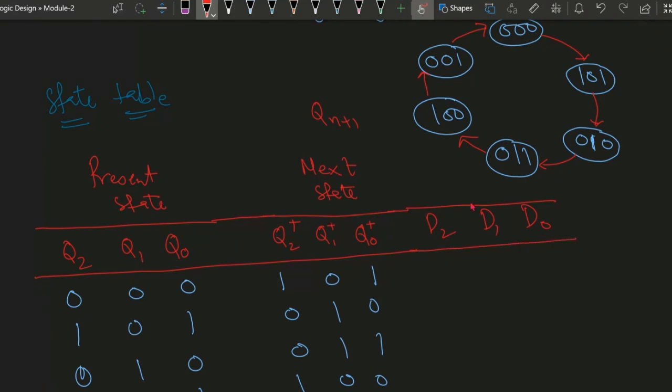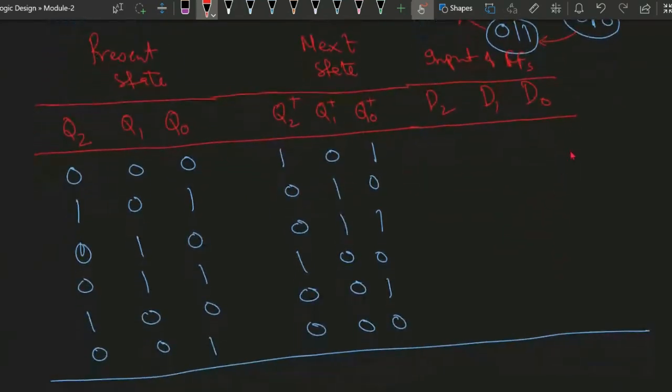These are basically called inputs of the flip-flop. We just want to relate how the inputs of the flip-flop will be related with the next state and present state. Or we can say we are going to constitute how the flip-flops will be excited based on the present state and the next state.